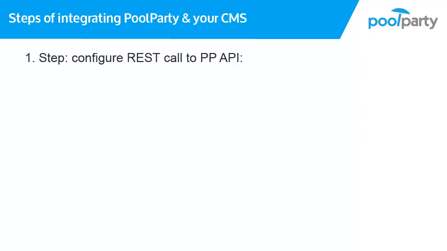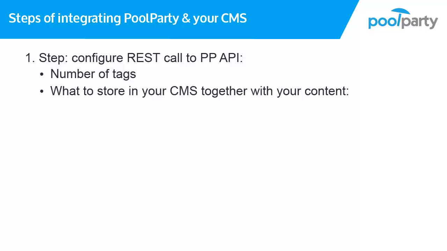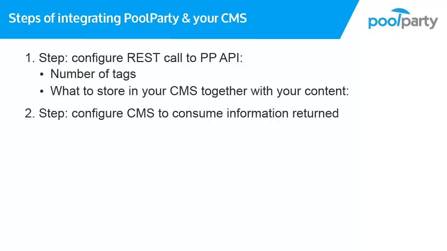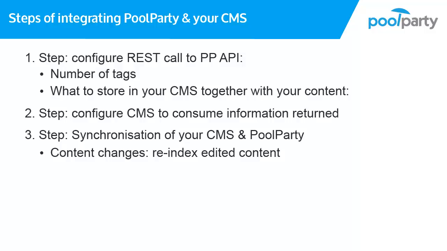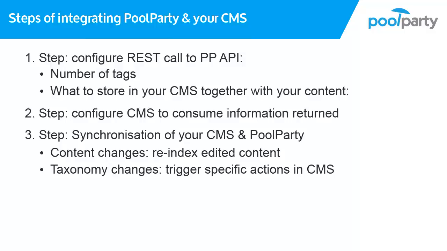Once we have completed the configuration of the basic power tagging workflow and ensured synchronization of PoolParty and the tags in your content management system, we can think about a fourth, optional step. We can adapt the power tagging workflow to include manual review of the tags.